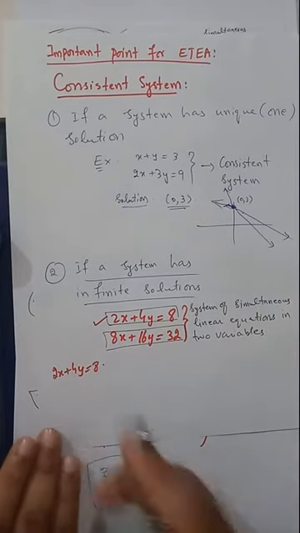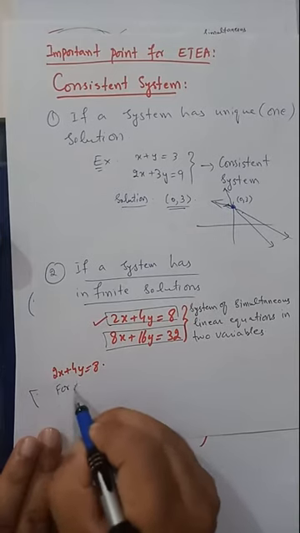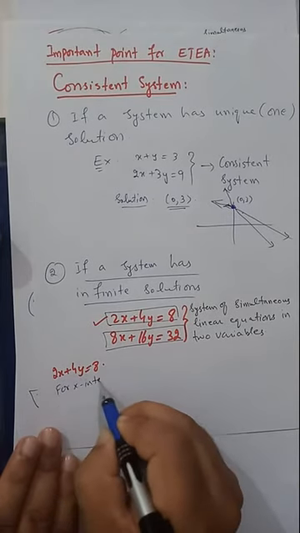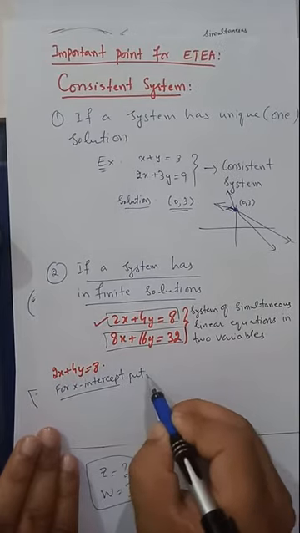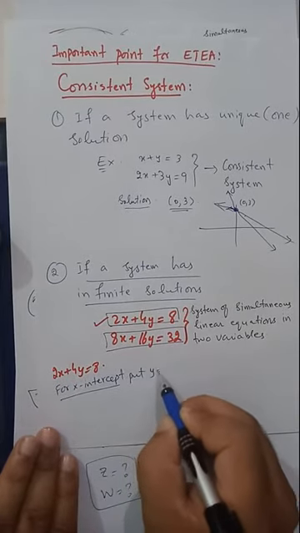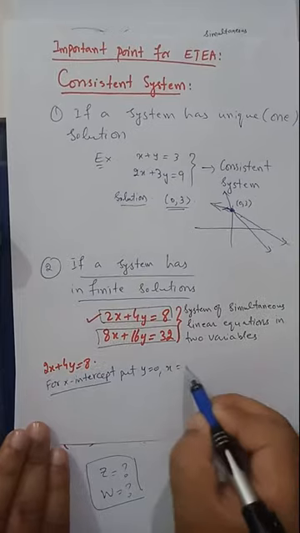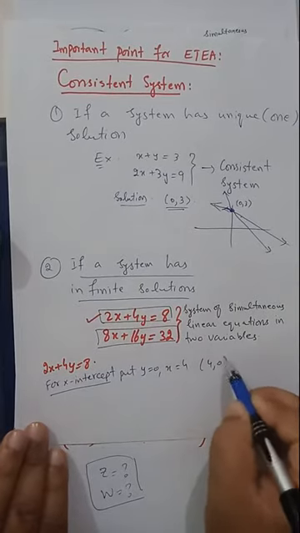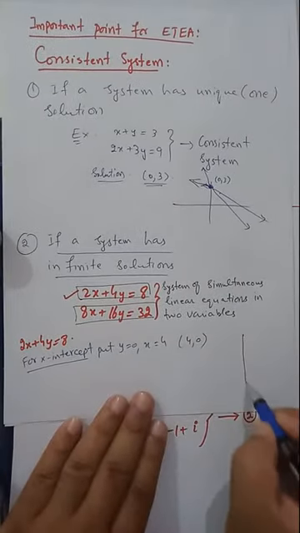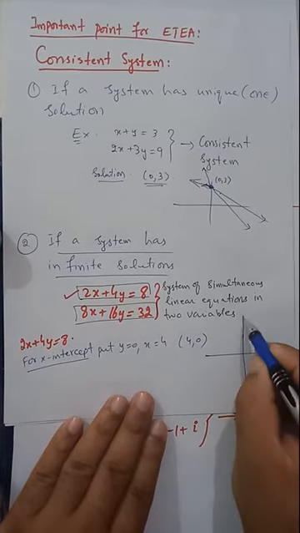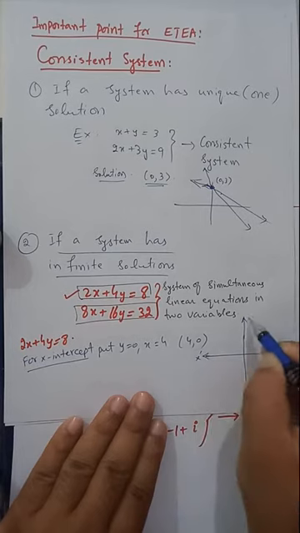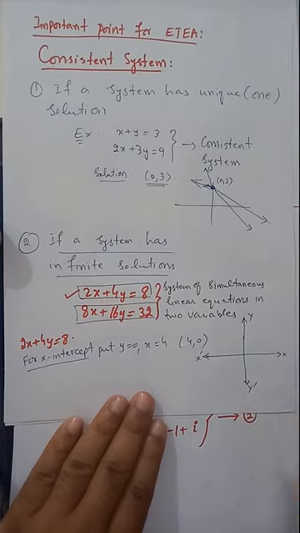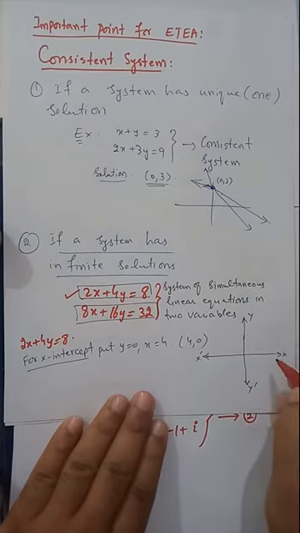So for the x-intercept, put y equal to 0, so x will become 4. So (4, 0) is the x-intercept. Let's say this is the x-axis, this is the y-axis, so the x-intercept is (4, 0).